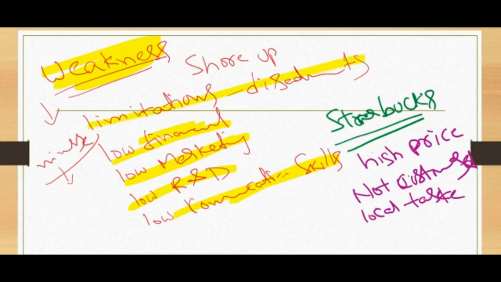So you need to minimize these issues and try to improve upon them so that it will help you in overcoming these challenges and getting into better business, right? And the example we have seen is Starbucks. What is the weakness? High price is a weakness, and they are not customizing taste to local standards. Some local people may not be interested in taking them. So that is their weakness.